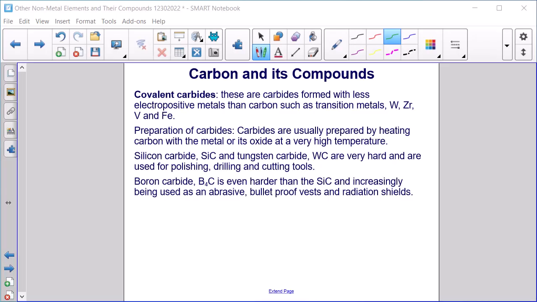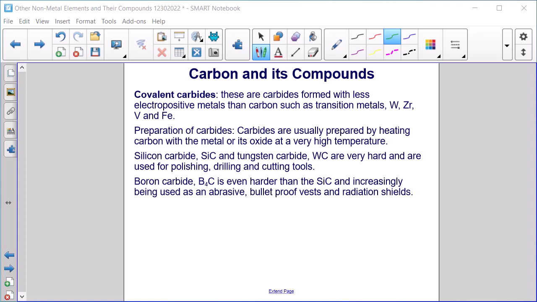Covalent carbides. These are carbides formed with less electropositive metals than carbon, such as transition metals, tungsten, zirconium, vanadium, and iron. Preparation of carbides. Carbides are usually prepared by heating carbon with the metal or its oxide at a very high temperature.